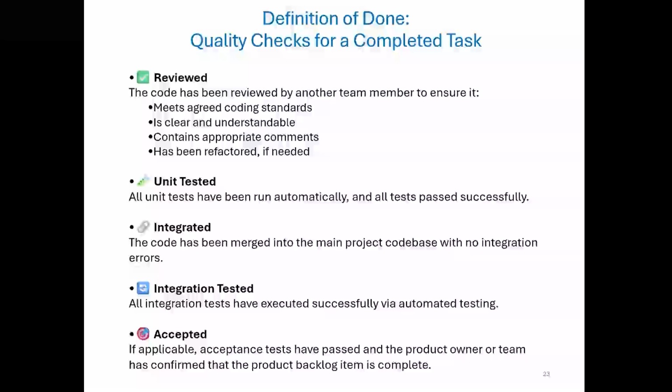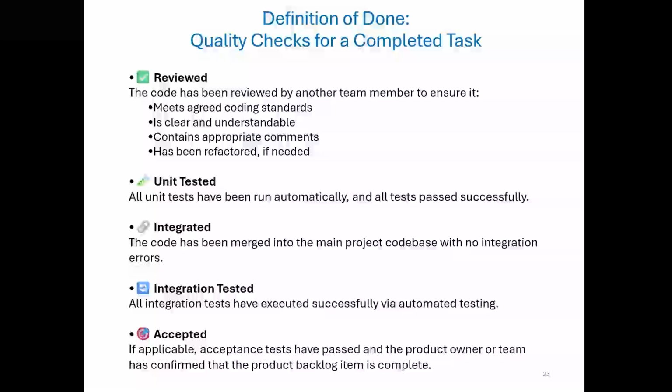Reviewed. First, code should be reviewed by another developer. That means someone else looked at it and confirmed it follows the team's coding standards, that it's clean and understandable, and that comments are in place. If anything was messy or unclear, it should be cleaned up, what we call refactoring, before we move on.